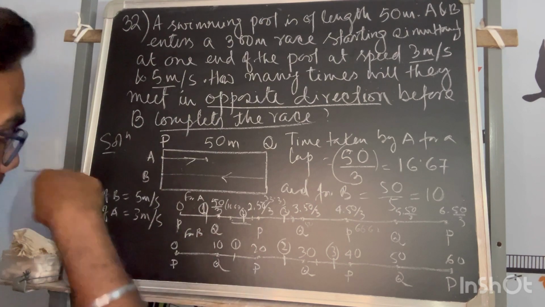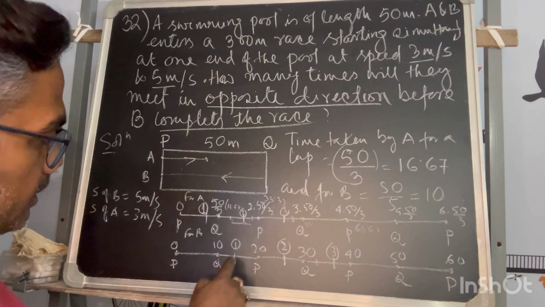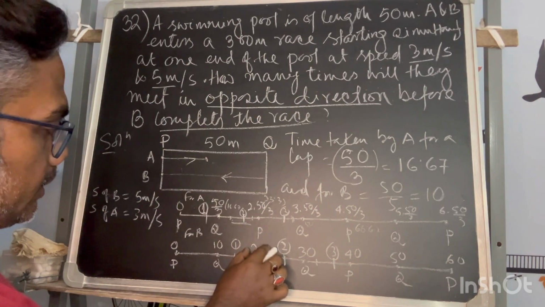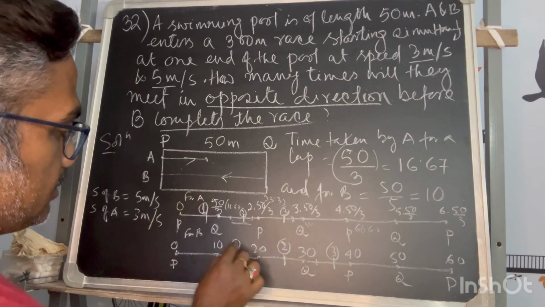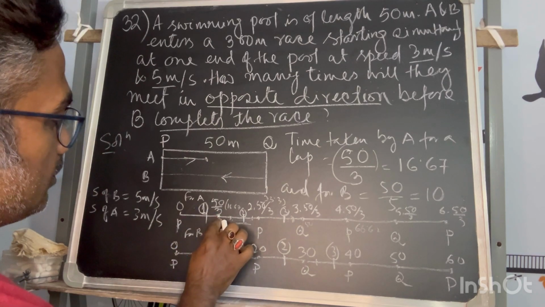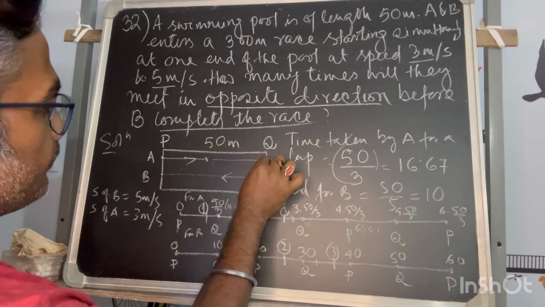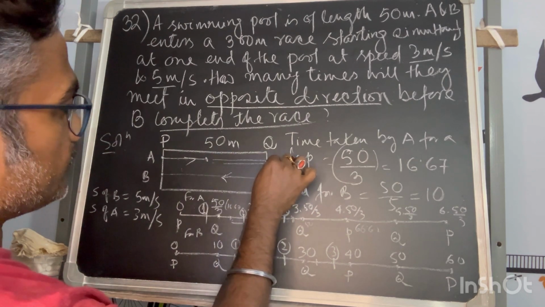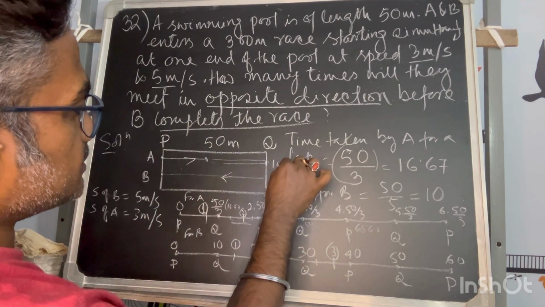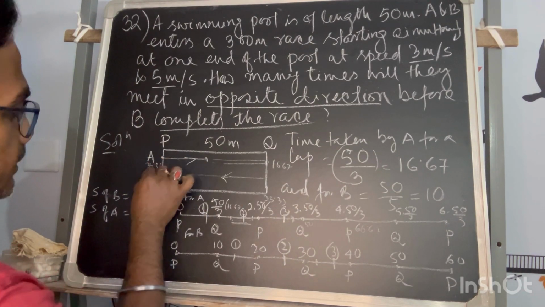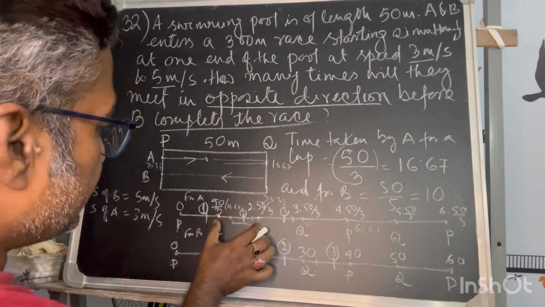Okay, so he will be in the opposite direction between 10 to 20. Okay, so in that there is one chance of meeting. Now when he will cross to the other lap, that means he is crossing the second lap, this is the time when this will be 16.67 to 33.33. So that is the time here.